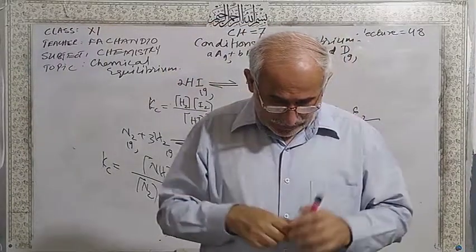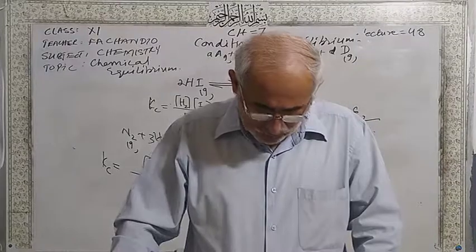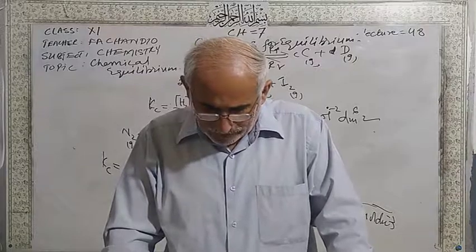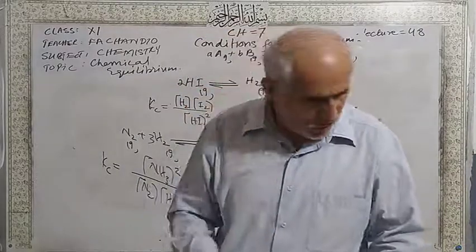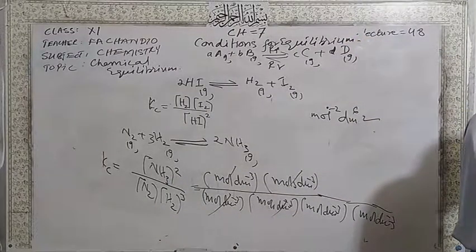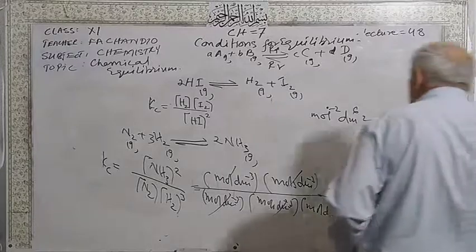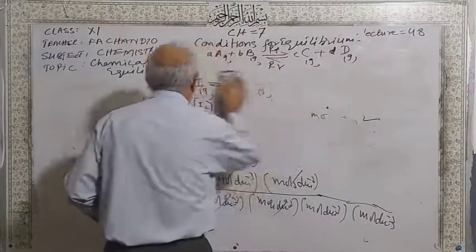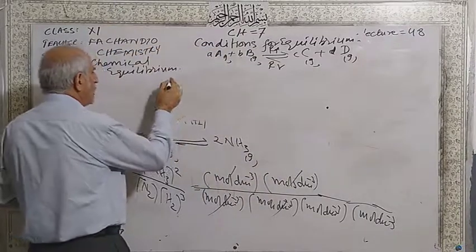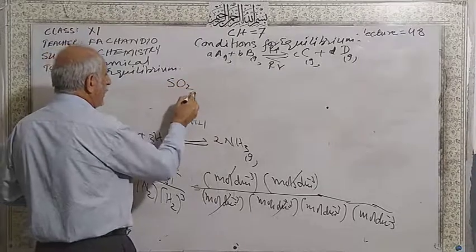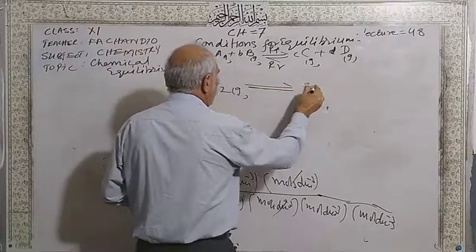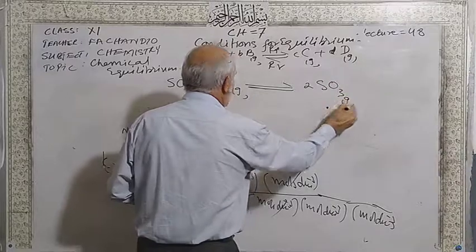Dear students, here are some others where you are also going to write the value of Kc. The units of Kc are given here. If you have one, I am going to solve it, then you have to solve the rest at home. So, sulfur dioxide gas, oxygen gas, to give 2 moles of sulfur trioxide gas.